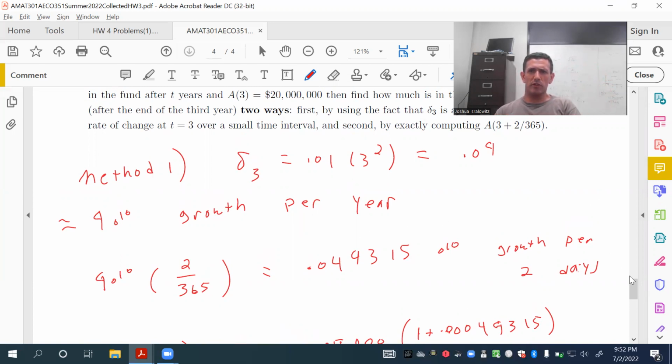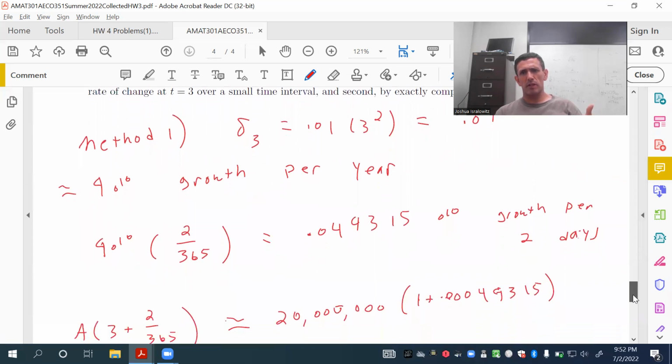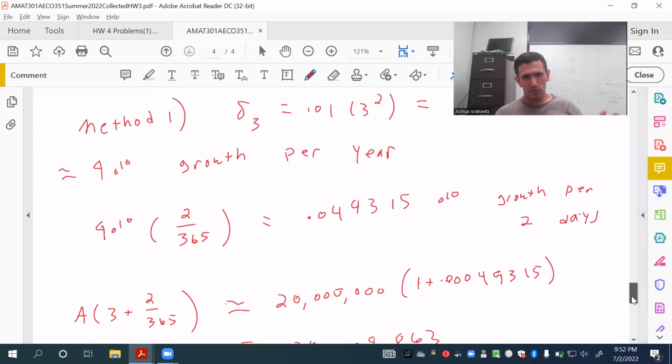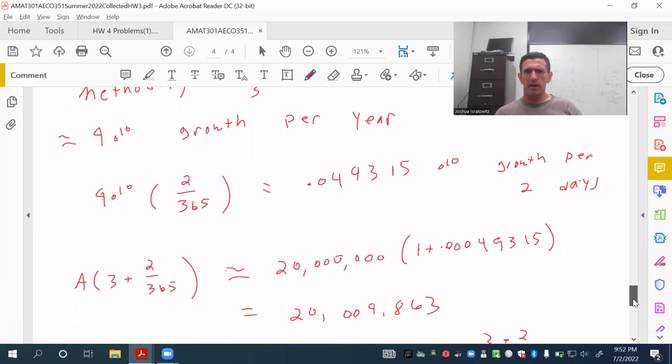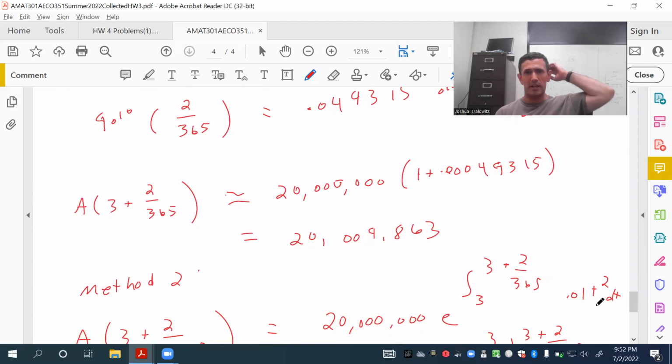The force of interest approximately gives you the relative rate of change at time t equals 3 years over a very small time interval. 2 days out of the year, 2 over 365, is pretty darn small. It would be an even better approximation if it was 1 day or 1 hour or 1 minute. Kind of curious how close it would be after 1 minute now, but anyway.